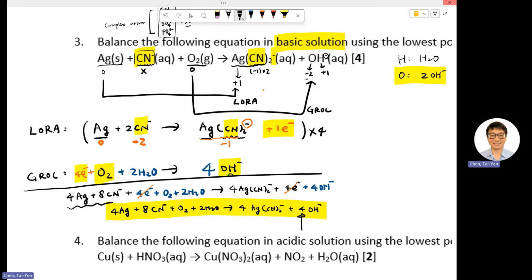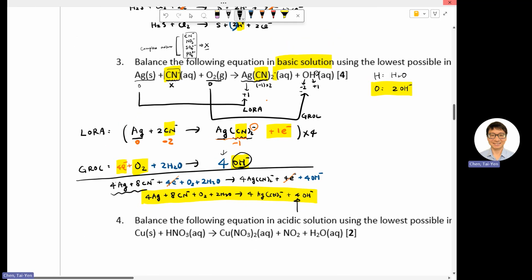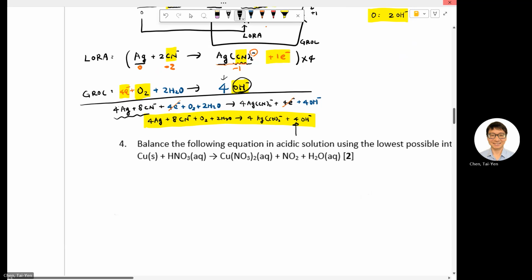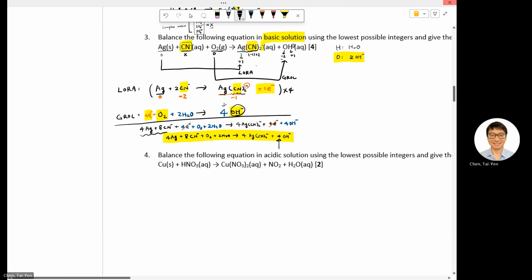Since originally you already have 1, you add in only 3 OH minus on your product side. So those are the little things that you want to pay attention to for this specific question. All right, so this is how you solve question number 3. Then next question.